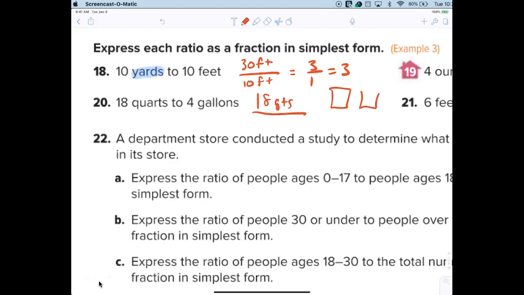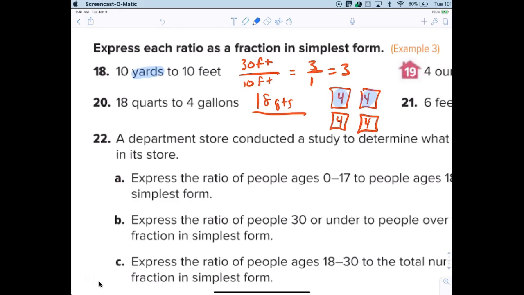There's 1 gallon, 2 gallons, 3 gallons, 4 gallons. Each gallon has how many quarts? Now, think about it this way. This is 1 gallon. How many quarts? This is another gallon. So how many altogether? 16. Yes.